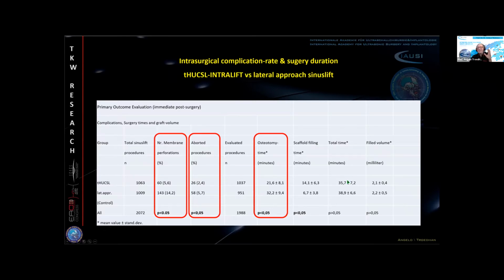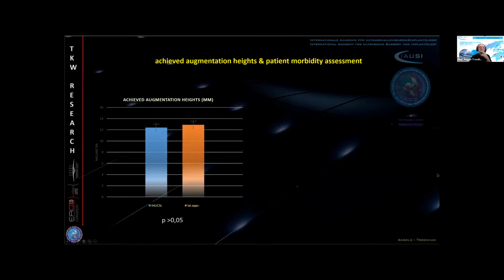So unfortunately for the filling of the scaffold, and these were not small scaffolds, you will see it now in the next slide, of 2 cubic centimeters approximately. Of course, the duration to fill the bone graft into the subantral scaffold is double time as long as with the lateral approach sinus lift. And as you can see here, the average volume of the scaffold filled was approximately 2 cubic centimeters or 2 milliliters.